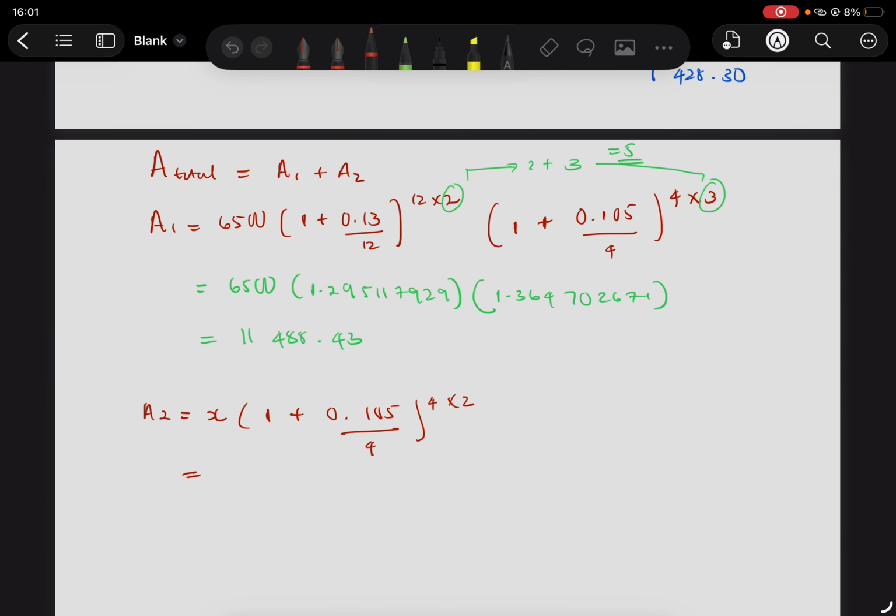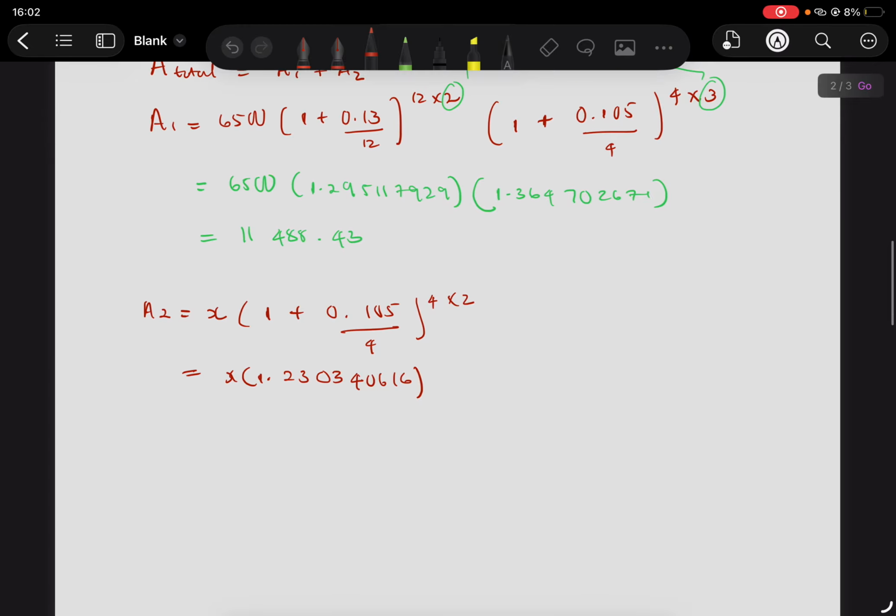That will then give us x times 1.230340616.